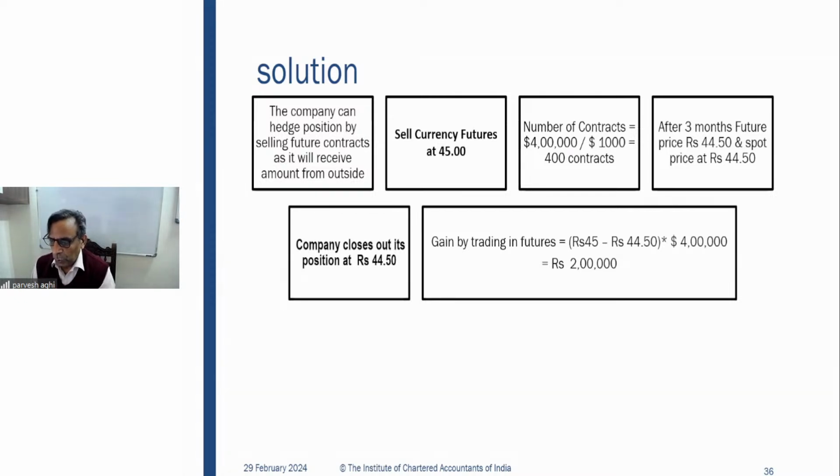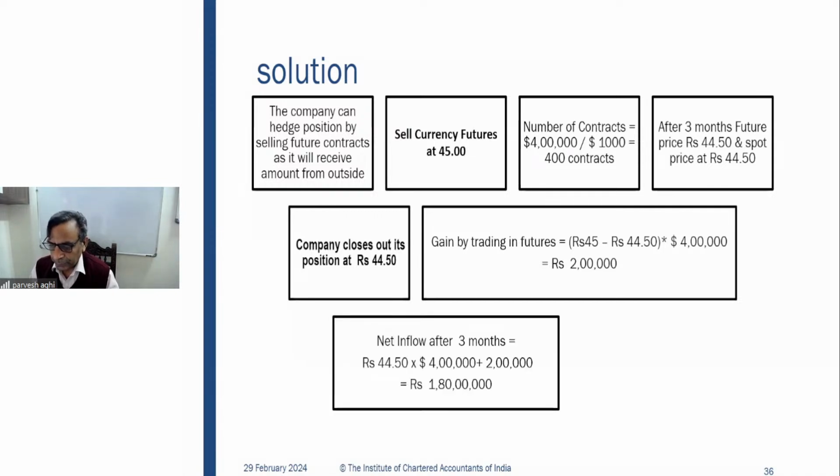So that means, into 4 lakh dollars, they will be making a profit from the futures trade. The difference would be the profit. The position they took was that they sold the currency futures at 45 and the spot rate on the last working day was 44.5. So they're sitting on a profit of how much? 50 paisa multiplied by 4 lakh dollars. So they made a profit of 2 lakhs.